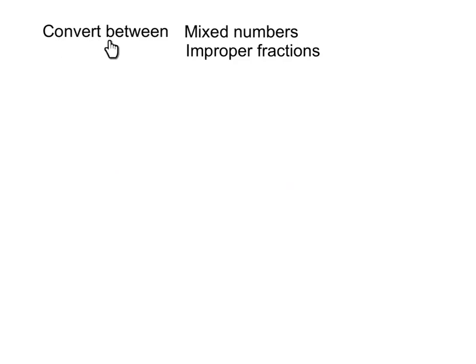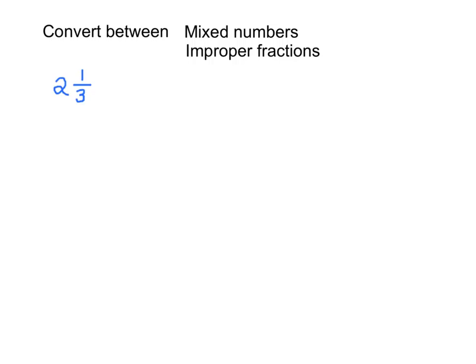Now we're going to convert between mixed numbers and improper fractions. Let's start with 2 1/3. This is a mixed number because it has a whole number part, which is 2, and a fractional part, which is 1/3.